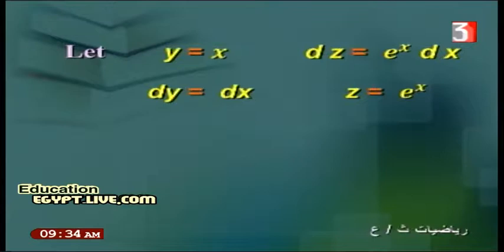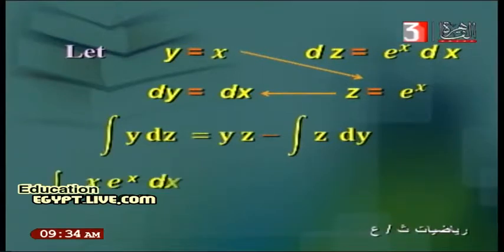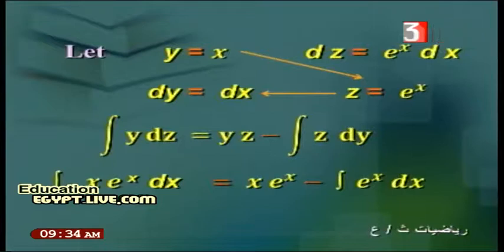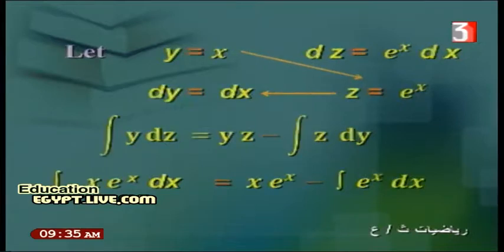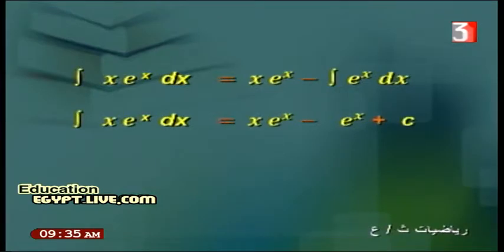And from the rule of integration by parts, then yz minus the integration of z dy. The integration of x e power x dx equals x multiply e power x minus the integration of e power x dx. The first term x e power x is the integrated part, and the second term, negative the integration of e power x dx, equals negative e power x plus c.